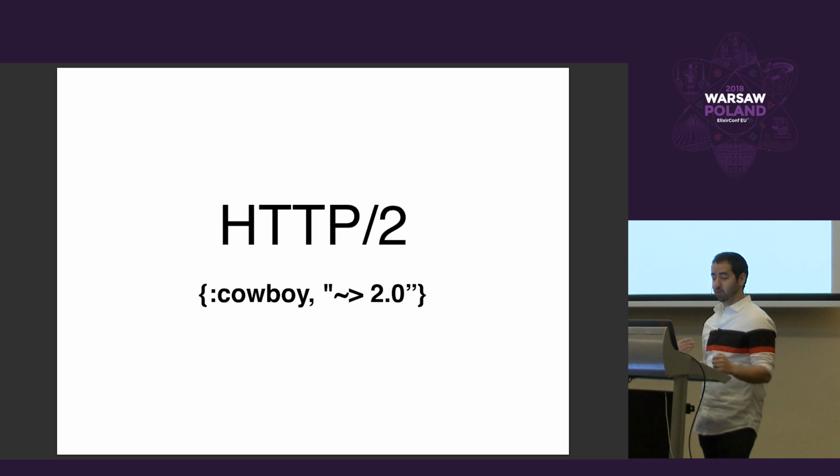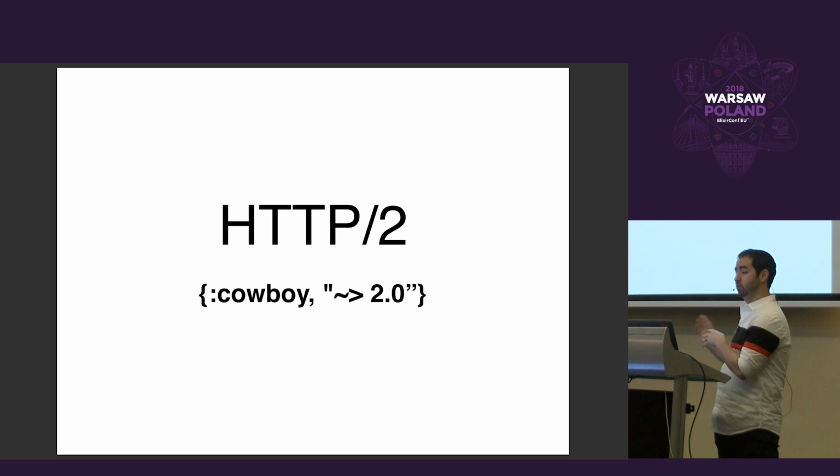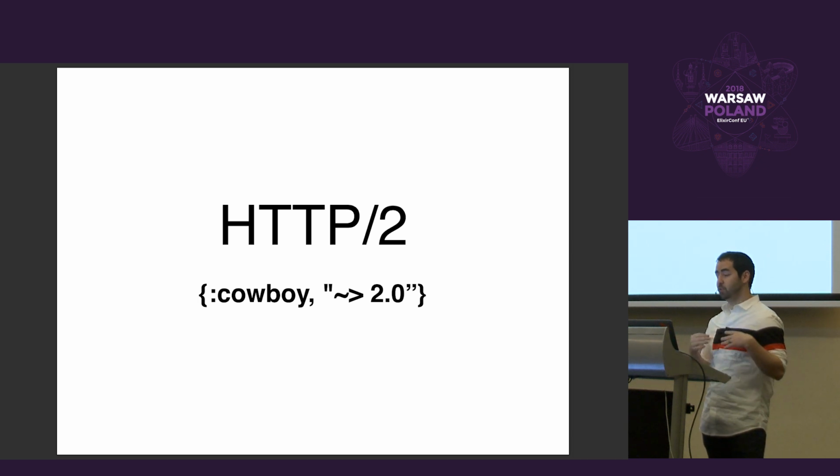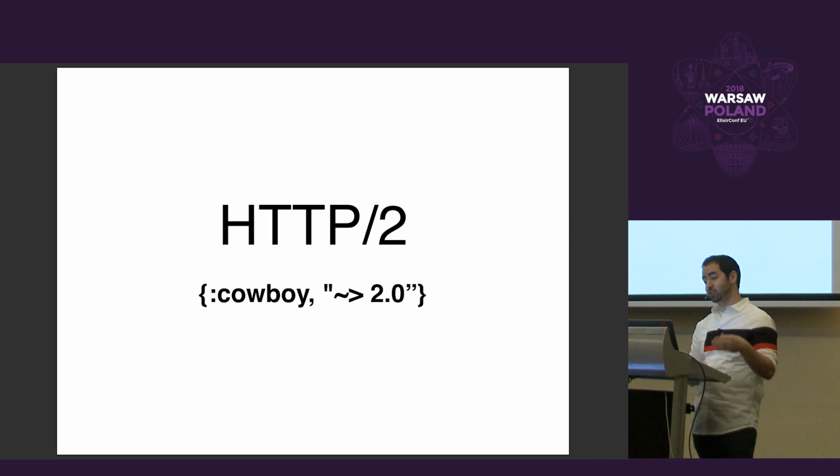So WebSockets are still the gold standard if you're writing browser-based real-time applications. Gary Rennie, who did the Phoenix Cowboy 2 integration of the core team, did write a Phoenix channel transport for H2, but you'd have to use an Elixir server to use that. You can't use a browser client yet.